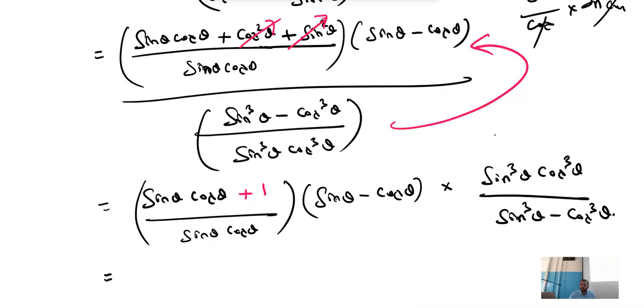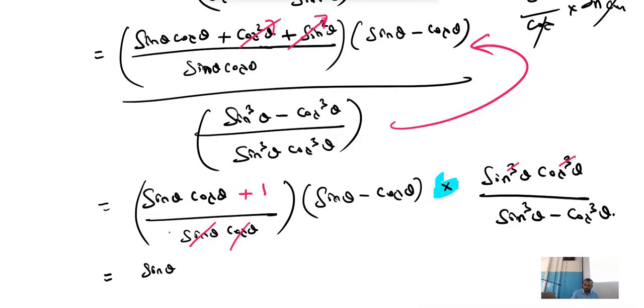Now what can we do? What can be done? Clear? Now as you can see here, observe, sin cube theta into cos cube theta, because this is multiplication on both sides, we can cancel them. So beta, one time sin theta, one time cos theta we can cancel. So what is left out now?